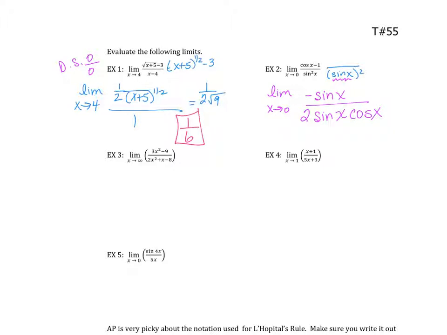Now, of course, I'm going to be smart about it. Can you cancel that? Well, absolutely. So I really have just the limit as x goes to 0 of negative 1 over 2 cosine of x. When I plug in 0 here, cosine of 0 is 1, and I get negative 1/2 as my answer.